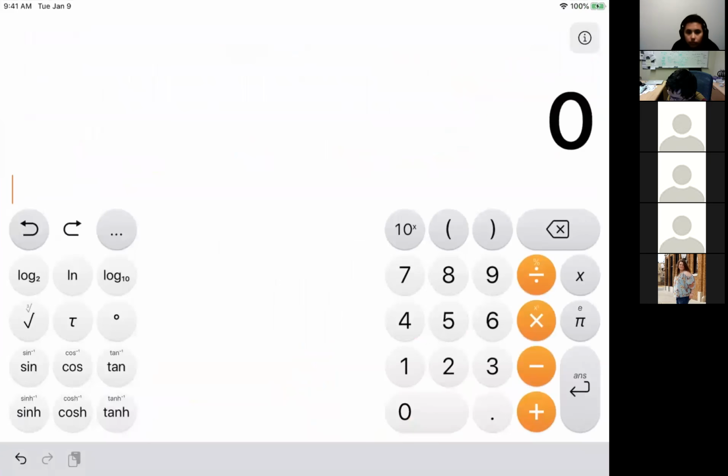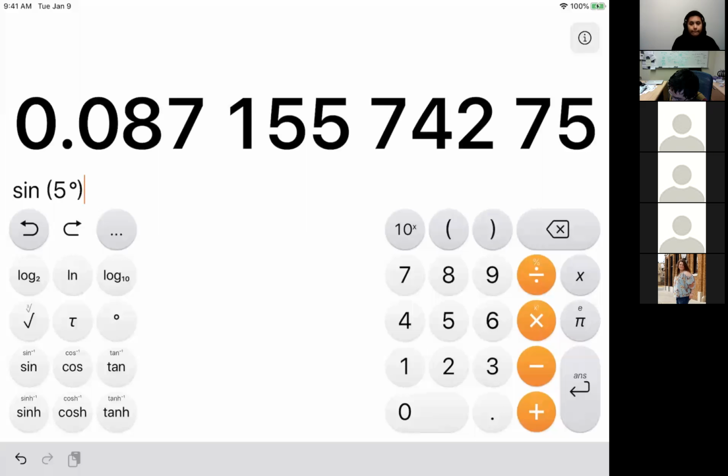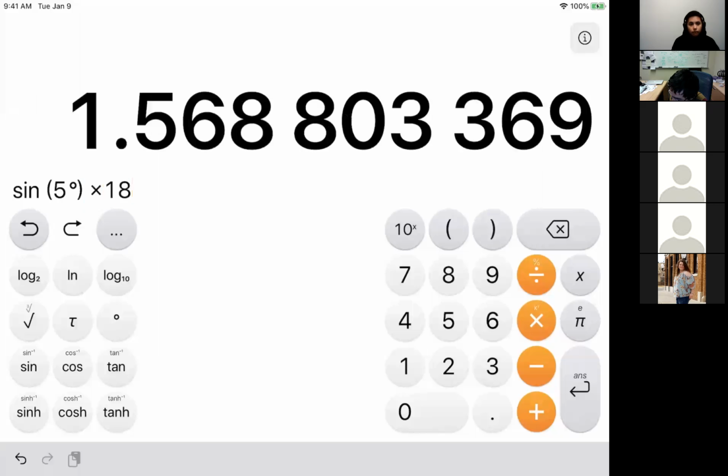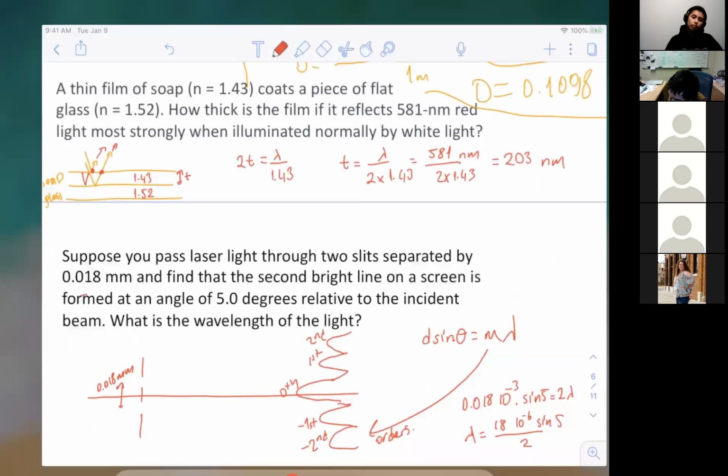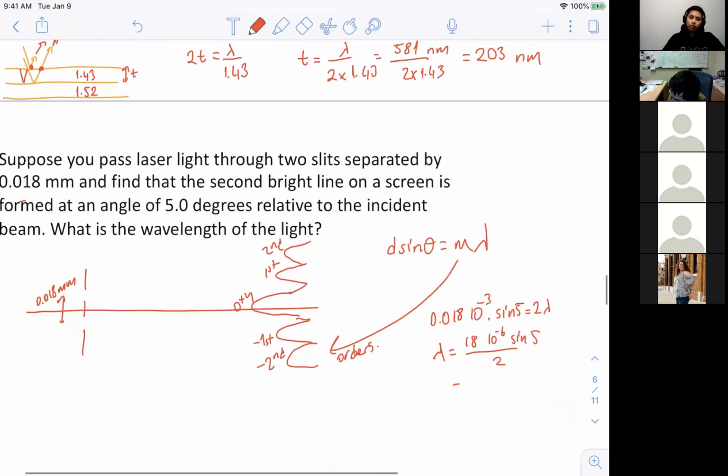So then what I have here is sine 5 degrees, whose value is 0.0872, and then I multiply with 18 and divide by 2, and I have 0.784 times 10 to the minus 6 meters.